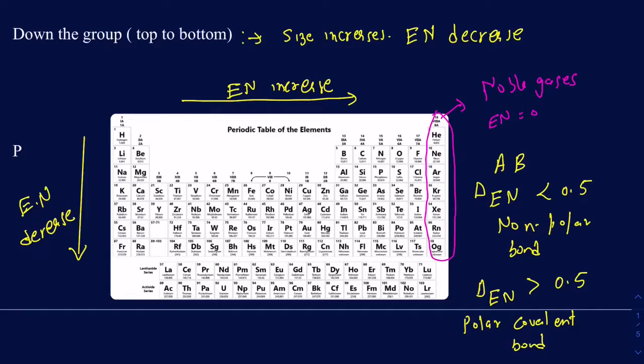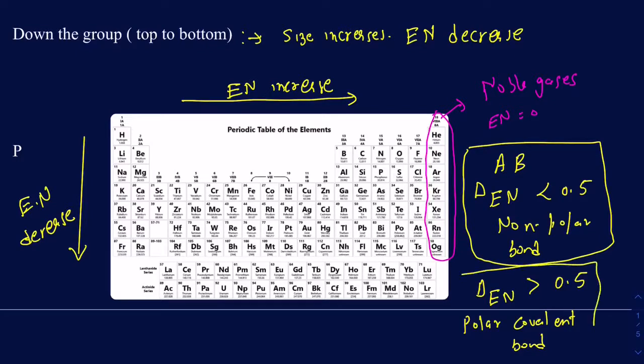So we're not really talking about ionic bonds. We're only talking about the bonds between non-metals only, because that's what covalent compounds are. So keep in mind, if your electronegativity difference is less than 0.5, it's going to be a nonpolar bond, and if your electronegativity difference is bigger than 0.5, it's going to be a polar covalent bond.